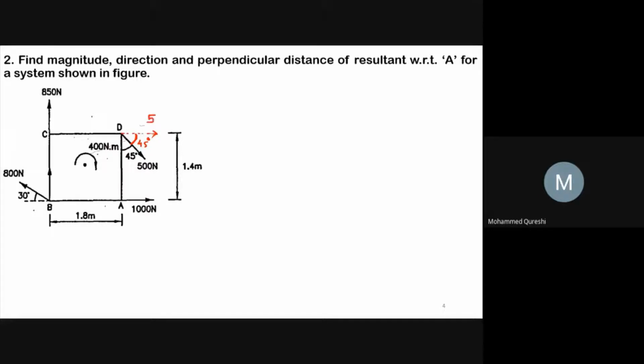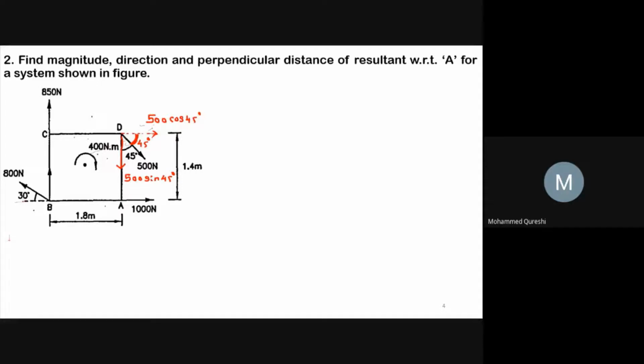So our first force will be 500 cos 45 degree and our second force will be 500 sine 45 degree. Remember one thing, we had considered 45 degree that is making with respect to horizontal axis only.